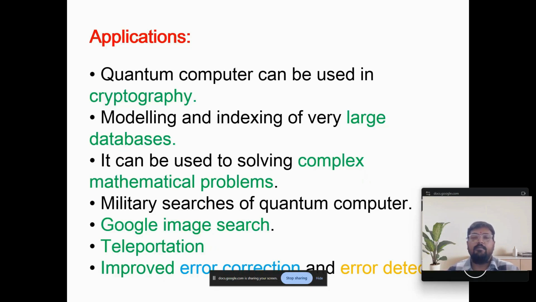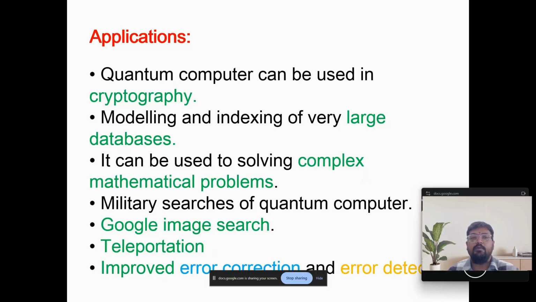Nowadays data science and data analysis are rapidly increasing in importance. A normal computer takes a lot more time to process large databases, like those used for LLMs, whereas a quantum computer will use less time and be more efficient.